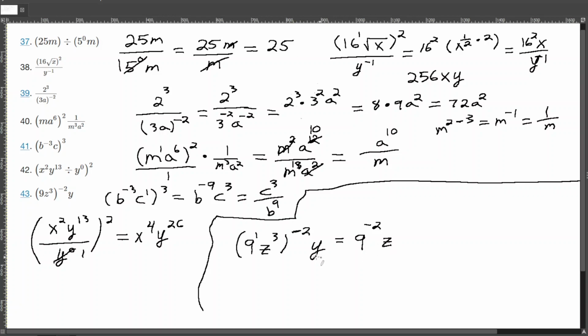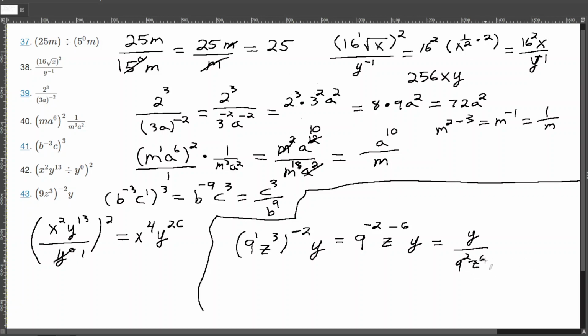And then the power of a power rule, so that's z to the negative 6 again. And then y. This 9 to the negative 2 and z to the negative 6 go downstairs in the denominator. So that ends up being 9 squared z to the 6th.